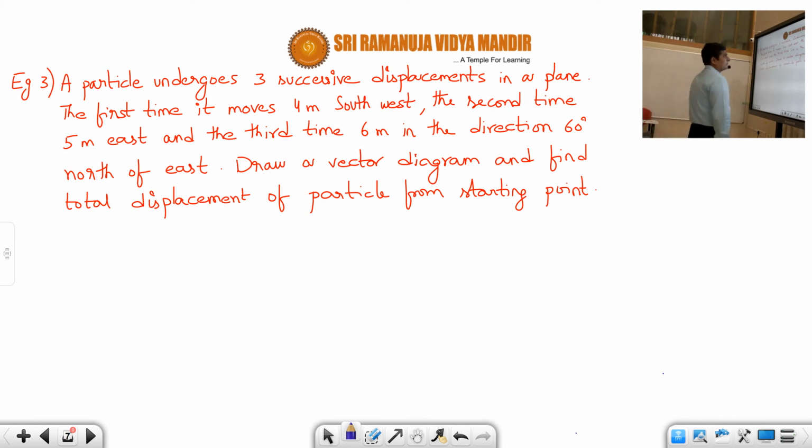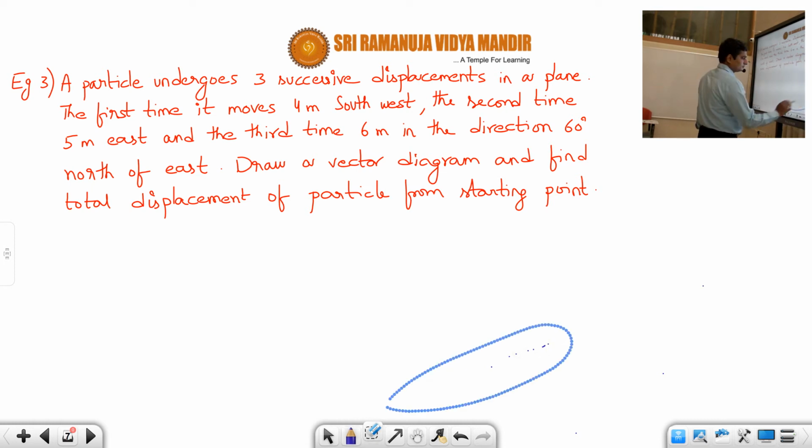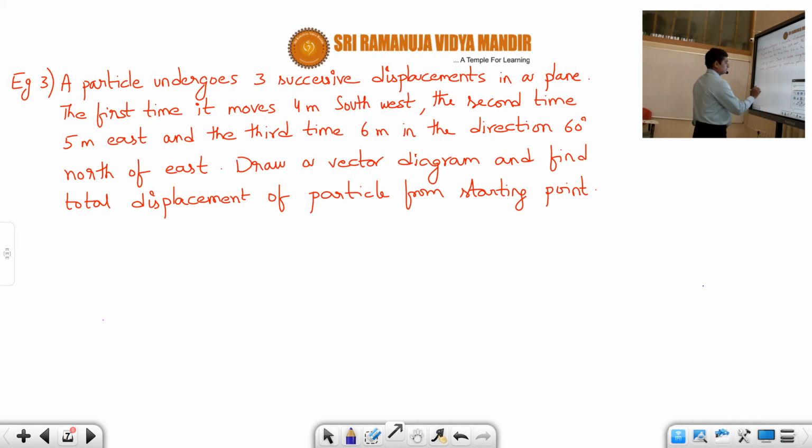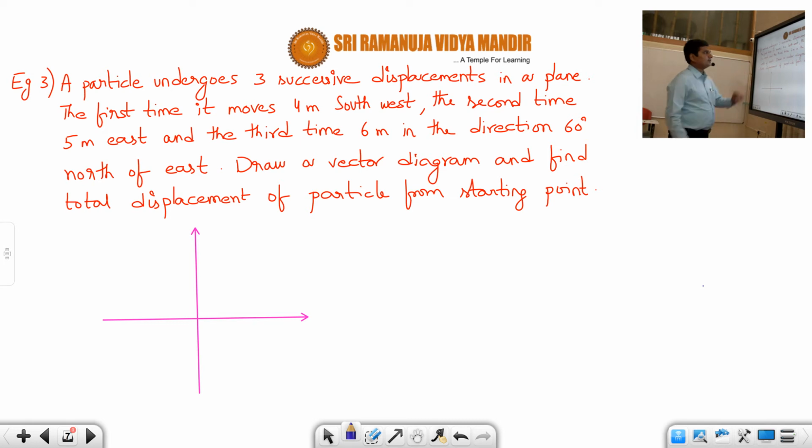Actually this problem is a simple problem, students, but the reason why I have taken this one is to tell you about the direction. Before solving this problem, I am telling about the directions, and this is the reason for which I have taken this problem.